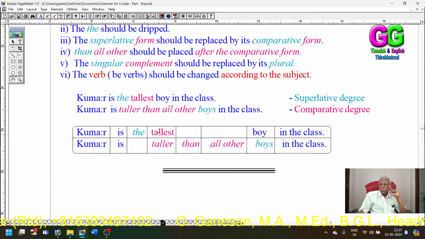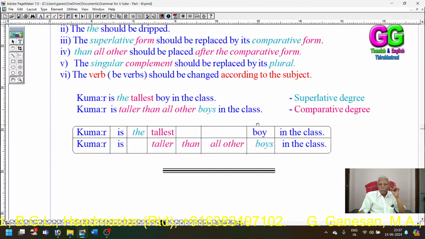Fourthly, the superlative form tallest is replaced by the comparative form taller. Fifthly, the comparative scale then is placed after the comparative form. Then after then, all other should be placed.